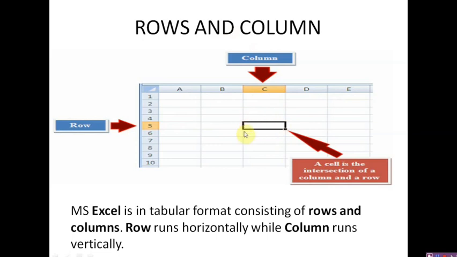The combination of rows and columns is called a cell, and the working cell is called the active cell, in which we are doing some task or putting the data, writing the data. That cell is called the active cell.